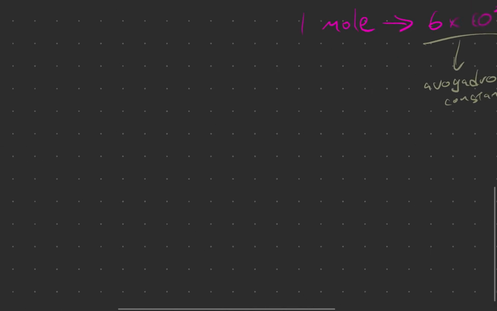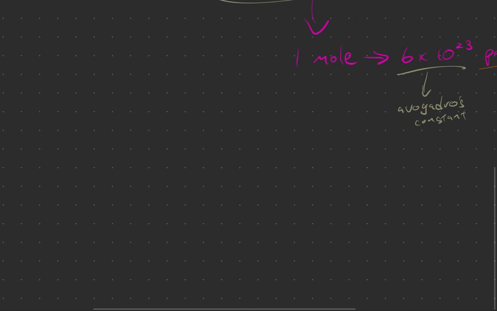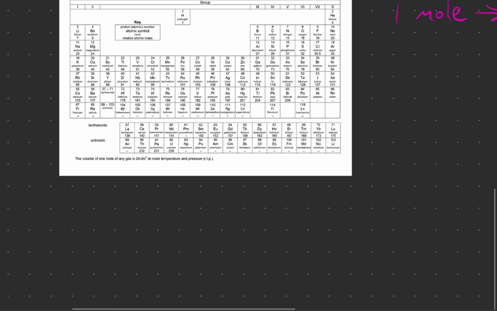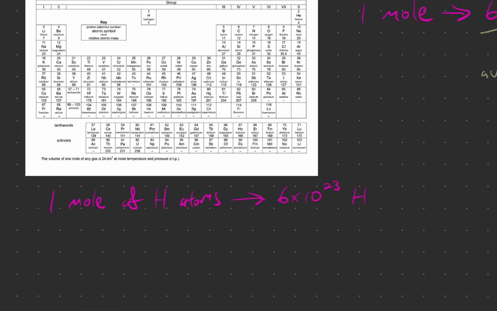So let's do an example now. Let me whip my periodic table out. Let's say I have 1 mole of hydrogen atoms. That would mean I have 6 times 10 to the power of 23 hydrogen atoms. Let's say I have 1 mole of sodium atoms.